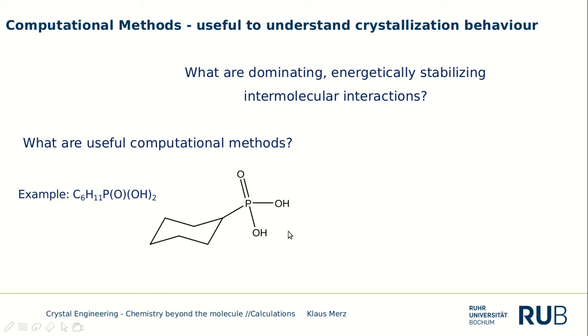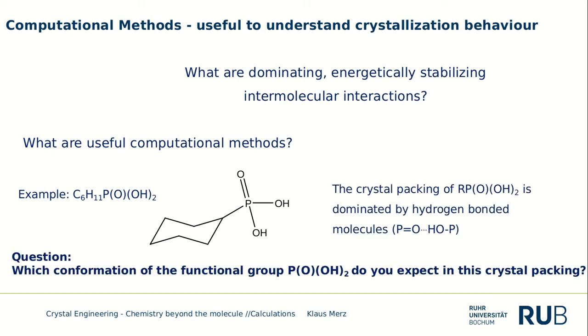We have seen this molecule in the last lecture. It is cyclohexyl phosphoric acid. Have a look here. You see several functional groups. And if you look at the crystal packing, you will see there are dominating hydrogen bonds between neighboring molecules. Okay, this is the answer to the question of what dominates.